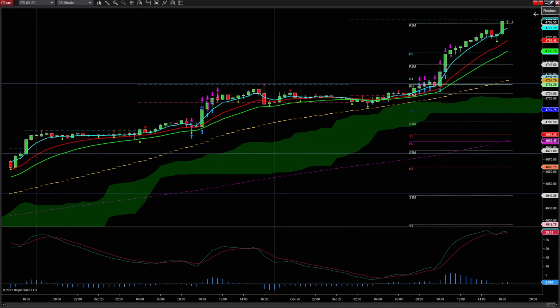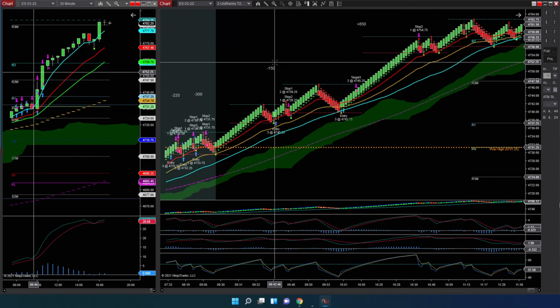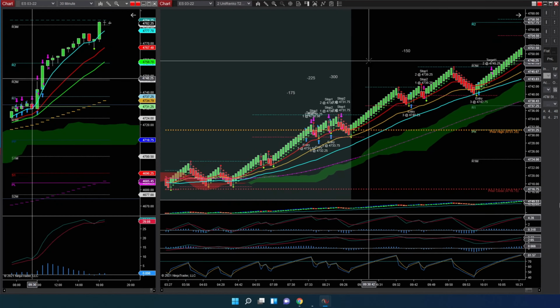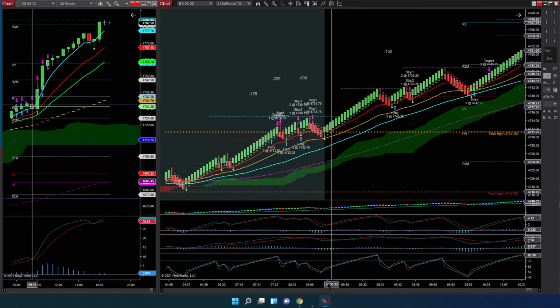So let's take a look at the Renko chart, which is my entry chart. So let me expand it a little bit here. I have it marked in the trades I made, or the profit I made in each, or the loss.